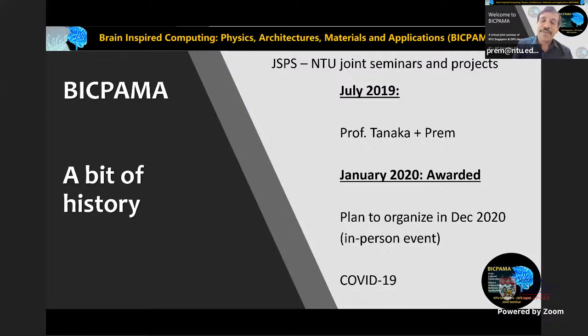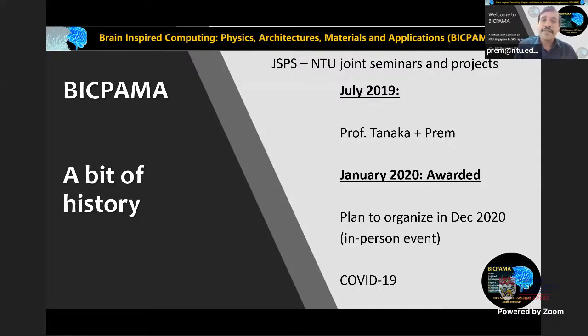The money may not be much, but it is good enough for improving interaction. So people from Singapore can travel to Japan, and people from Japan can travel to Singapore. Similarly, we are also encouraged to organize a joint seminar.